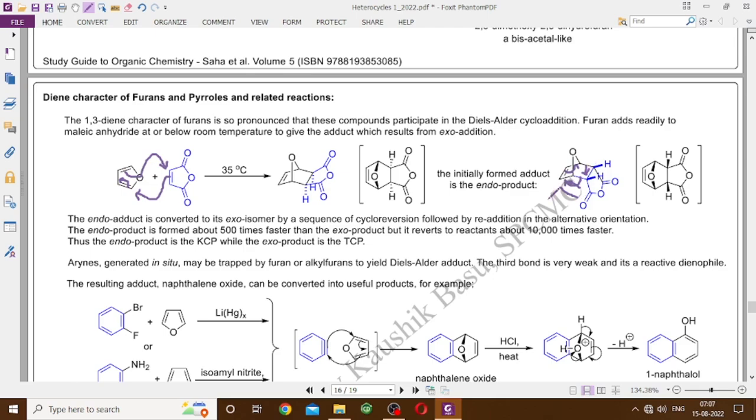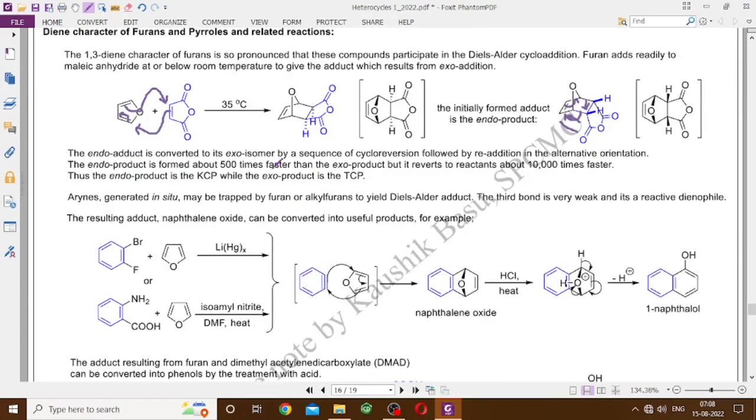Again, the 4+2 cycloaddition will now take place to give you the corresponding thermodynamically more stable exo isomer. So the endo product is the kinetically controlled product and the exo product is the thermodynamically controlled product. And this is a typical example where we see the concept of KCP and TCP working very nicely.